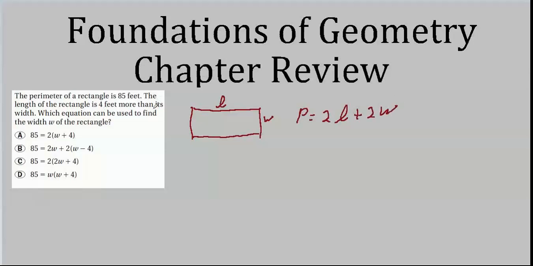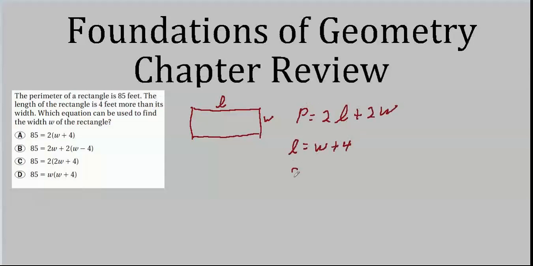What information do we have? The length of the rectangle is 4 feet more than its width. So we can write that L equals the width plus 4. We also know that P equals 85.